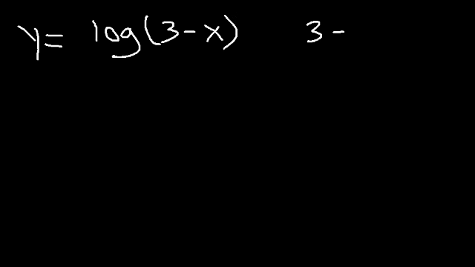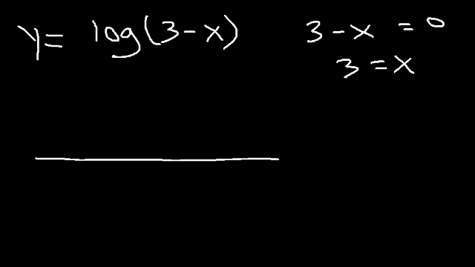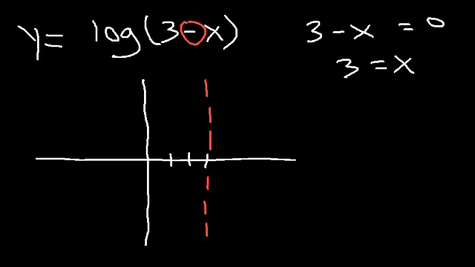So let's say if we have log 3 minus x. So to find the vertical asymptote, set the inside equal to 0. So x is 3. Therefore, the vertical asymptote shifts 3 units to the right. But notice that x is negative, y is positive.